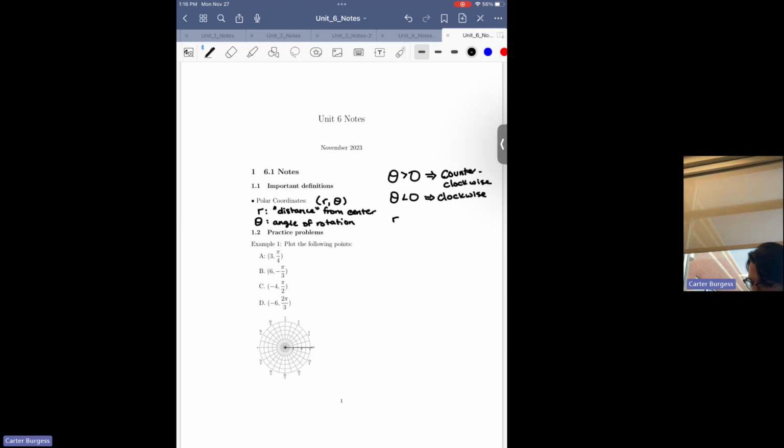So when R is greater than 0, we start in the positive X direction. A negative value of R does the reverse. Rather than starting in the positive X direction, a negative value of R will start us in the negative X direction.